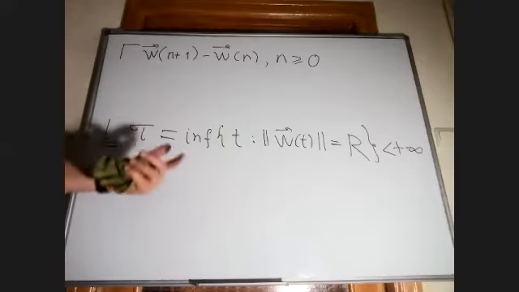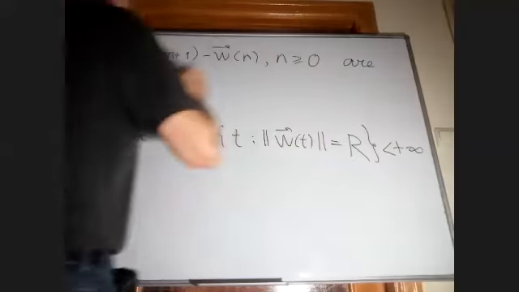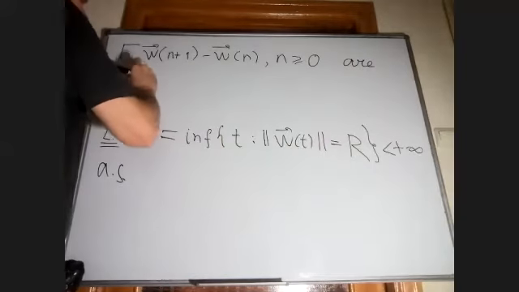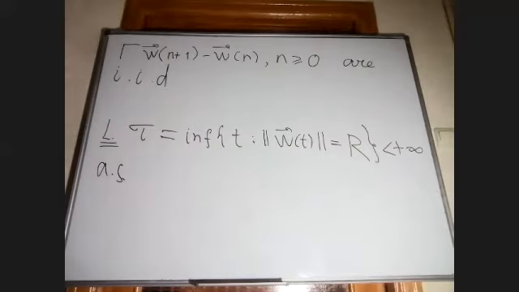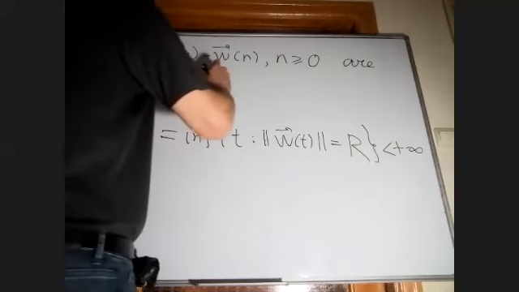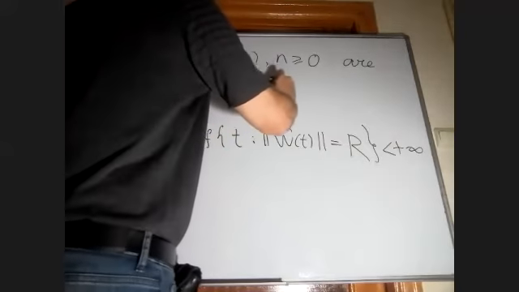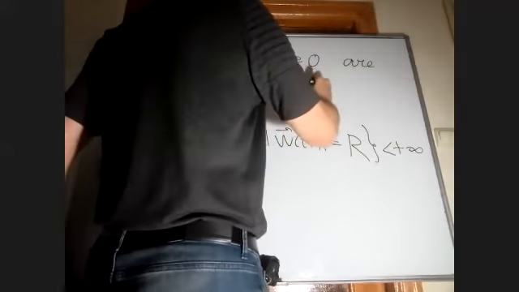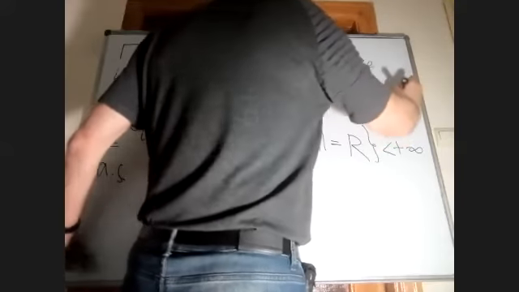Then, due to the properties of Brownian motion, these are independent, equally distributed random vectors, and each of these vectors has a normal distribution with zero mean and identity covariance matrix.